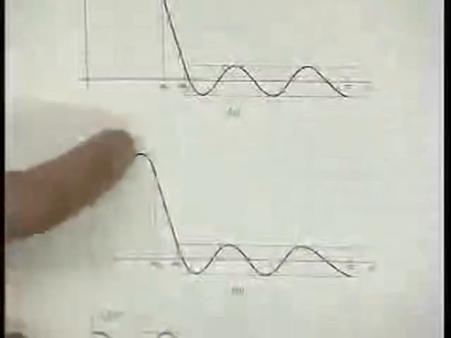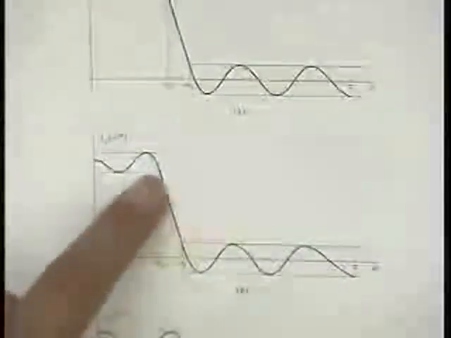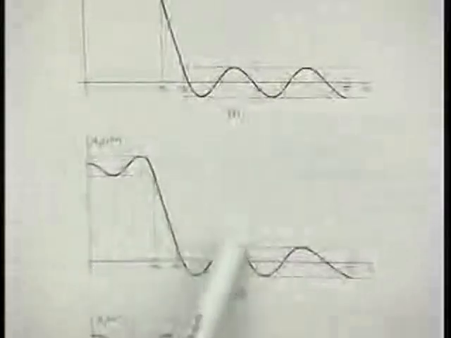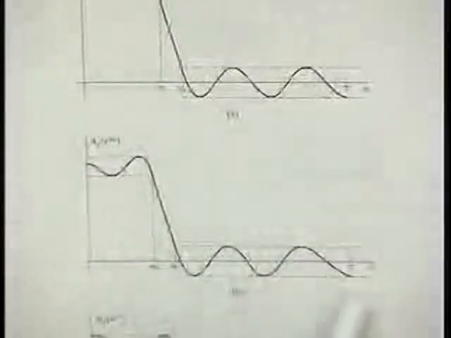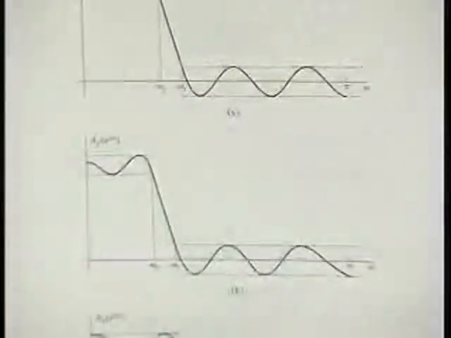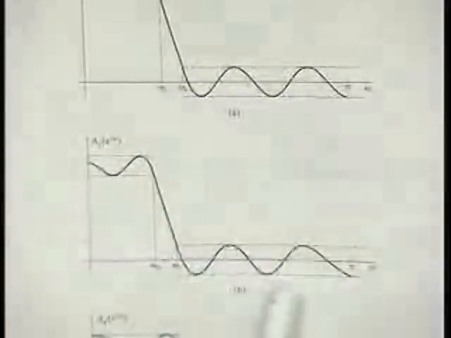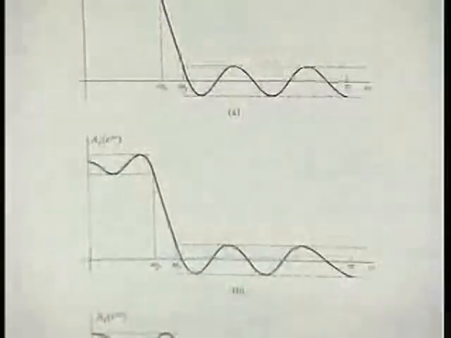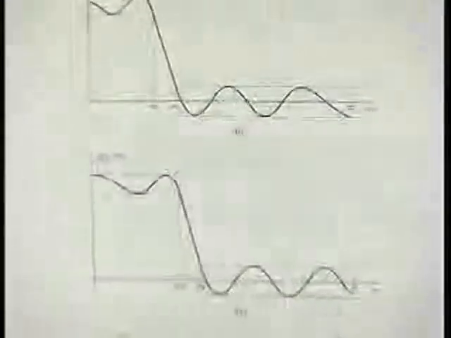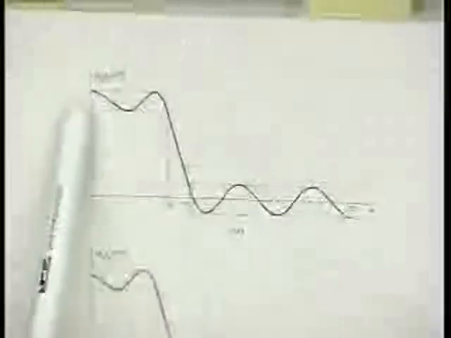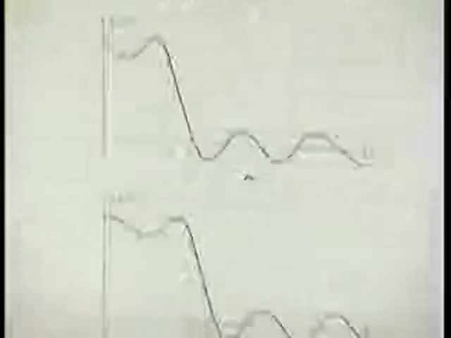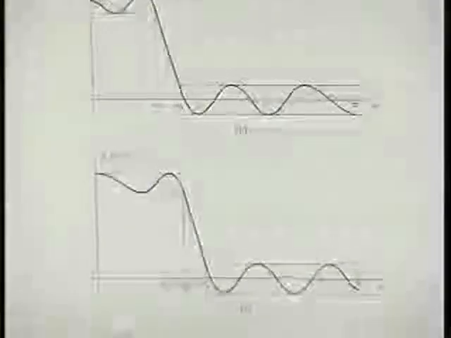So 1, 2, 3, 4. It passes through omega s here. 5, 6, 7, 8, 9. Can that be a possible filter for m equals 7? Yeah, it's got 9 alternations. Let's go down one more. In the first case, 0 and pi were both part of it. In this case, 0 was not an alternation, but pi was. Let's go down one more.